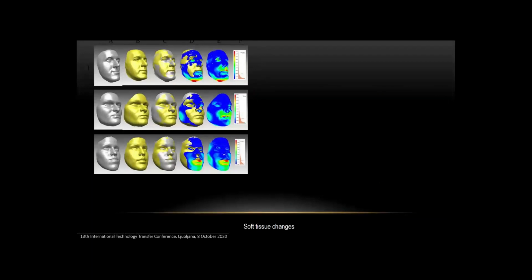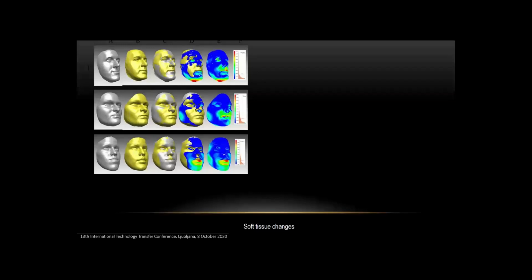It is a fact that a few years ago it was not objectively known how soft tissues react to bone movements, because it is a clinical fact that they do not change in the same ratio.